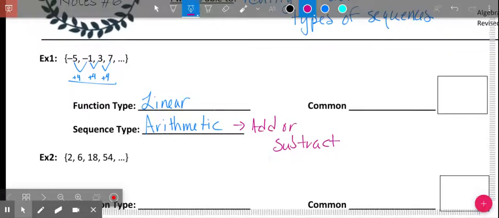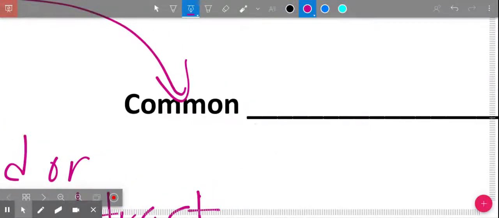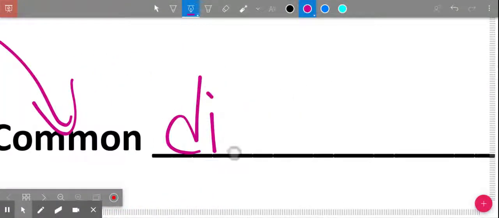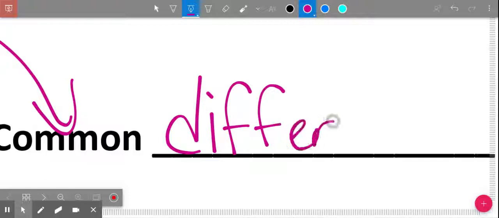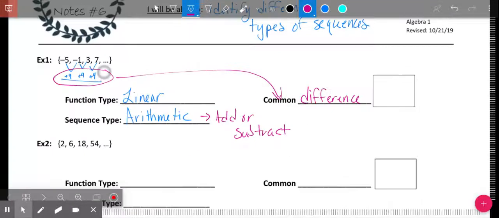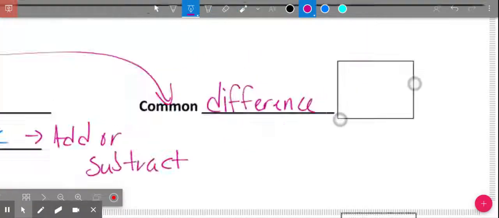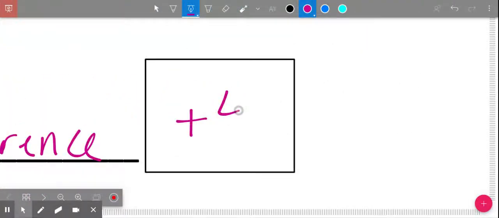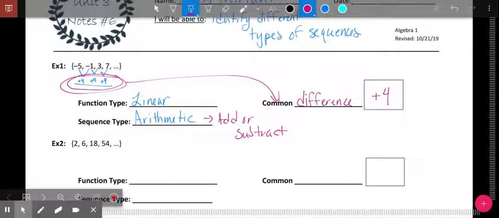Whenever we're adding or subtracting, what we're adding or subtracting by is going to be called our common difference. And for this one, our common difference was +4. Anytime we see a linear function, we know that arithmetic is going to go with it.